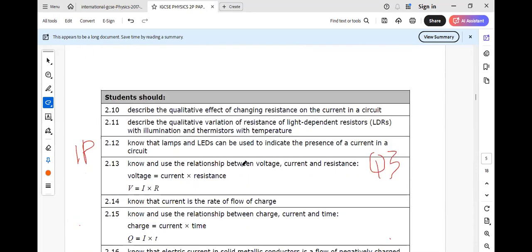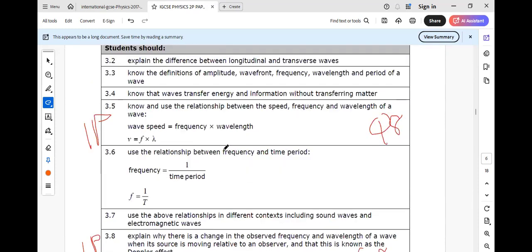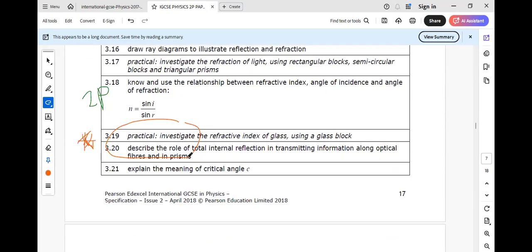And then the other one I would like to highlight is the refractive index experiment.